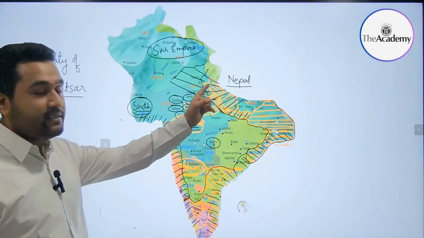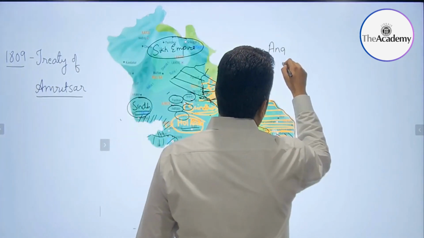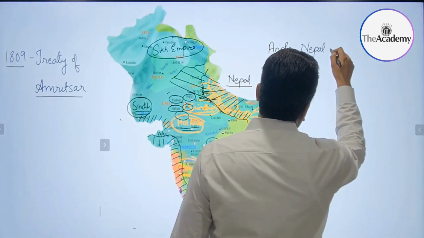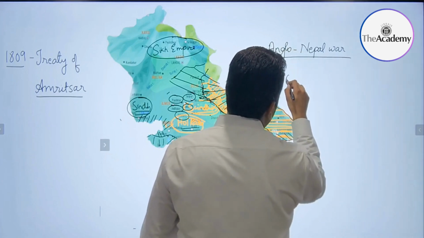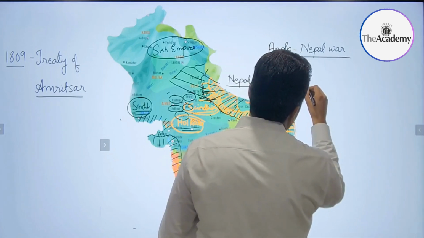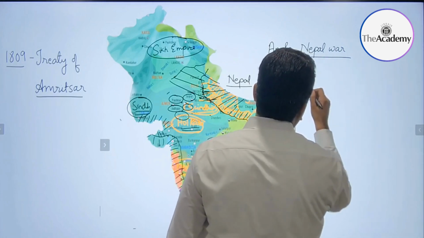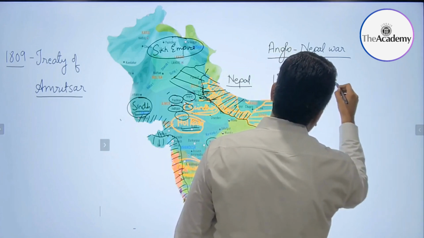Therefore, Lord Hastings defeated Nepal in the Anglo-Nepal War, and in 1816 he signed the treaty, or you can say the Treaty of Sagali.